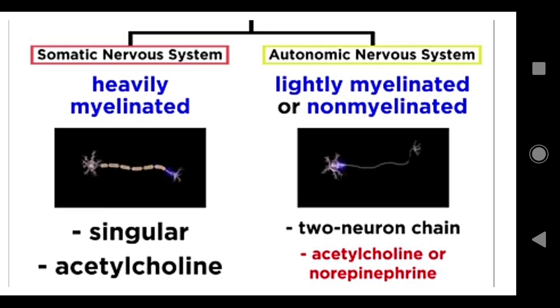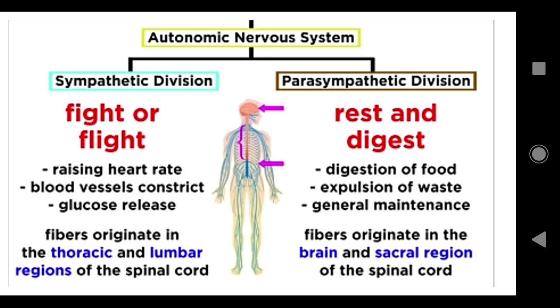One chemical is exciting for one purpose, and another chemical decreases that activity: acetylcholine and norepinephrine. In this manner they raise the heart rate, blood vessels constrict, and glucose level also increases. Here there is decrease in digestive system activity and expulsion of waste.